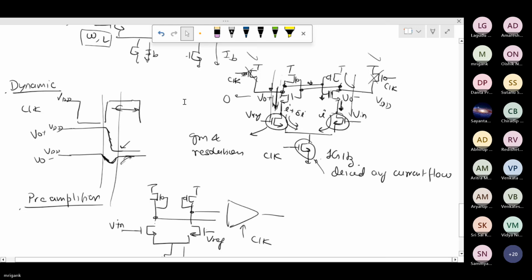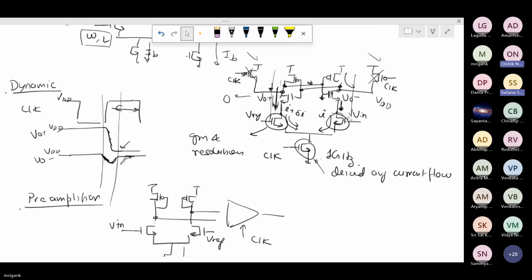Yes, sir. So this comparator that I have shown, this latch-based dynamic comparator, will it work for all values of voltage? It's simple, right? What is the problem? It is an NMOS input device. So what was the problem? Till what point will it work?